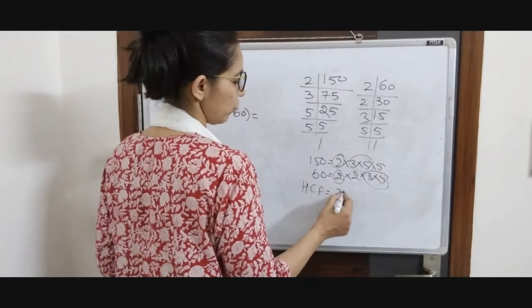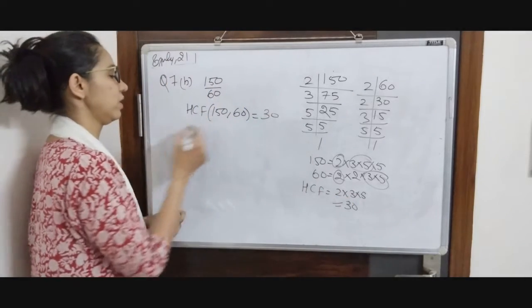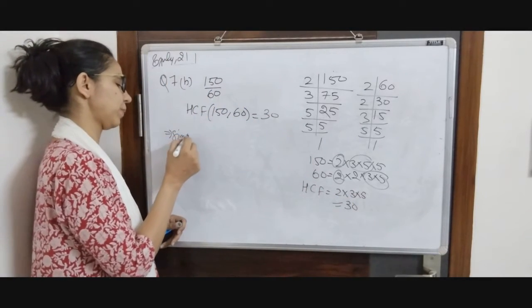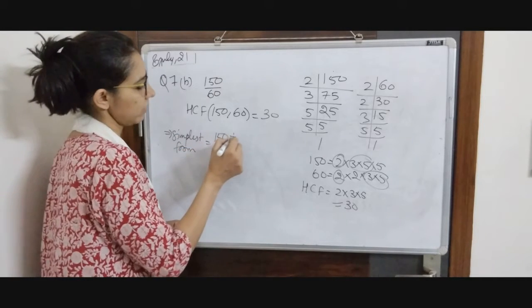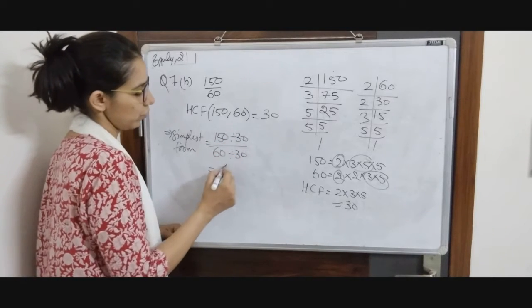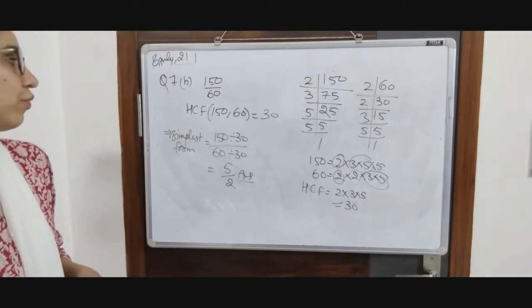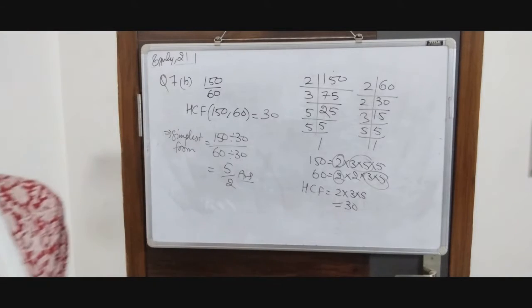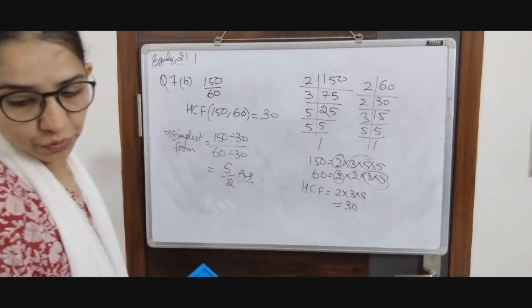So your HCF is going to be 2 into 3 into 5, that is 30. So this is 30. Implies your simplest form will be 150 by 30 divided by 60 by 30. That is, it is going to be 5 and this is going to be your 2. This is going to be the simplest form of 150 by 60. Next is our 84 by 98.